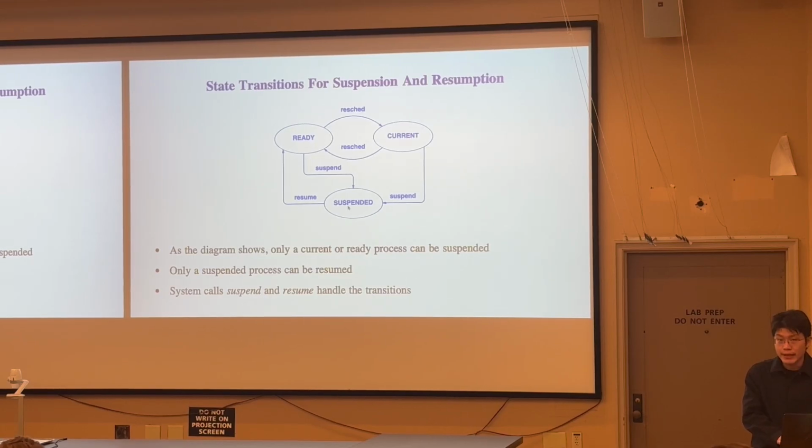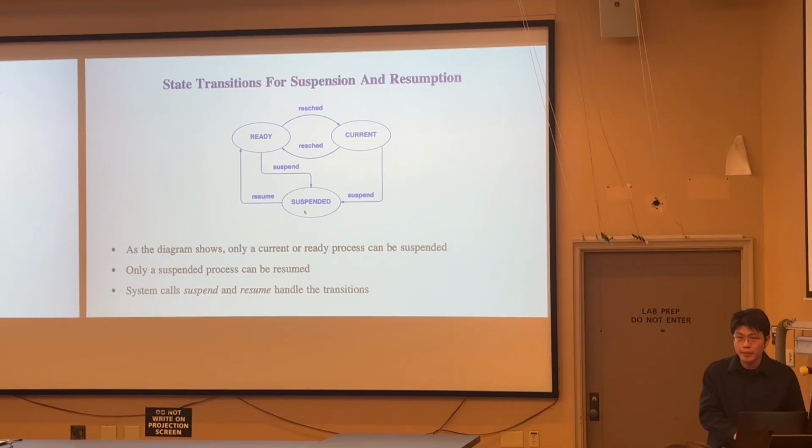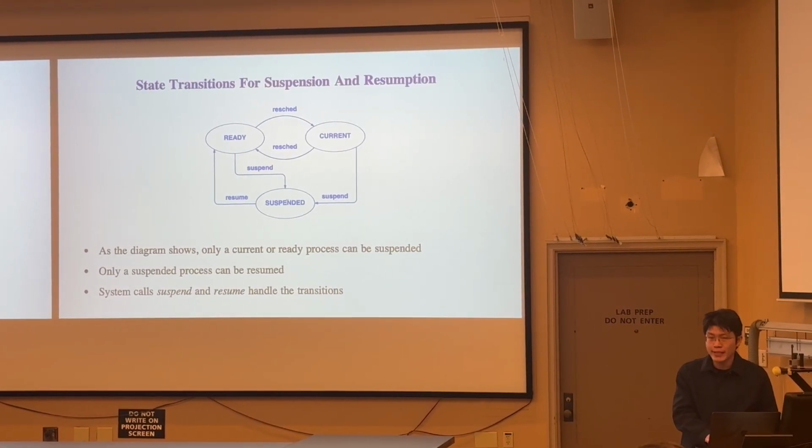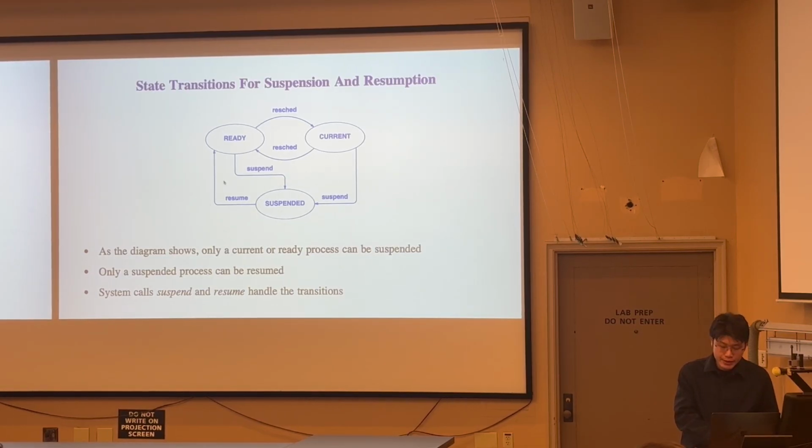And suspending. Right? So when the process is suspended through the suspend system call, it's put in this state, suspended. And it can be resumed through the resume system call. Okay? And today we're going to finish talking about the resume system call.